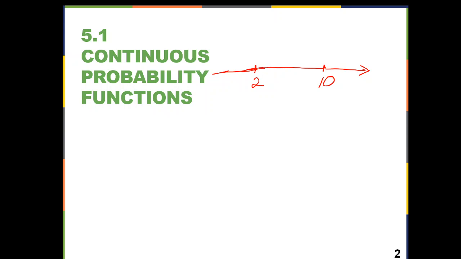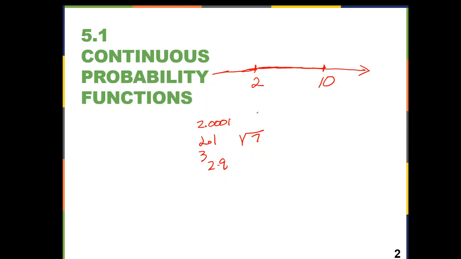When we say X could be from 2 to 10, that means it could be any number from 2 to 10, not just 3, 4, 5, not just integers. So X can be 2.0001, it could be 2.1, 3, 2.9, the square root of 7, right? So any real number.